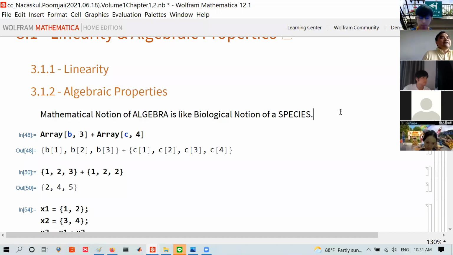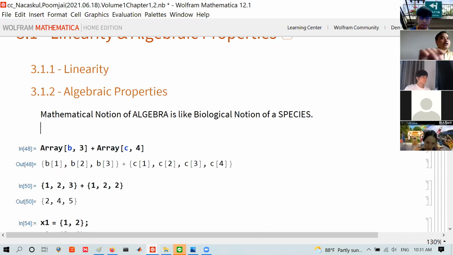The mathematical notion of algebra is like the biological notion of species, meaning you have a population. In this case, you don't say population, you say space, e.g. R2 or R3.